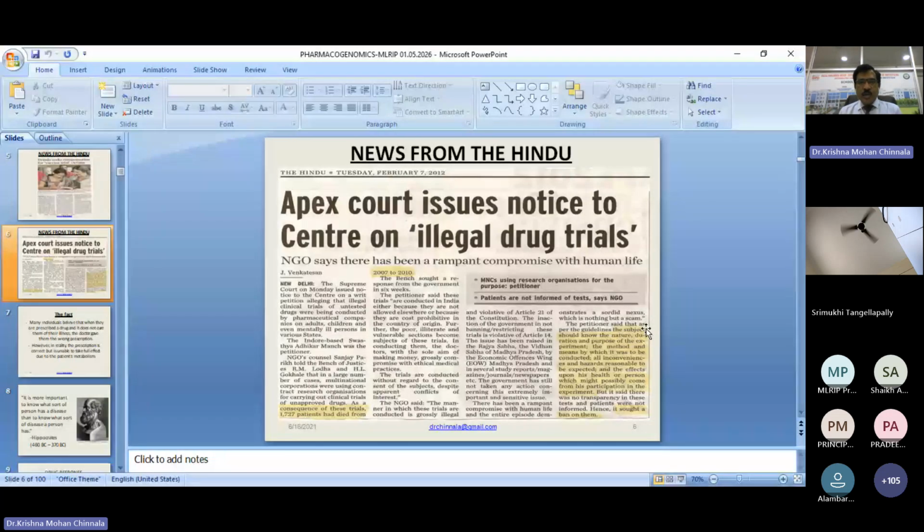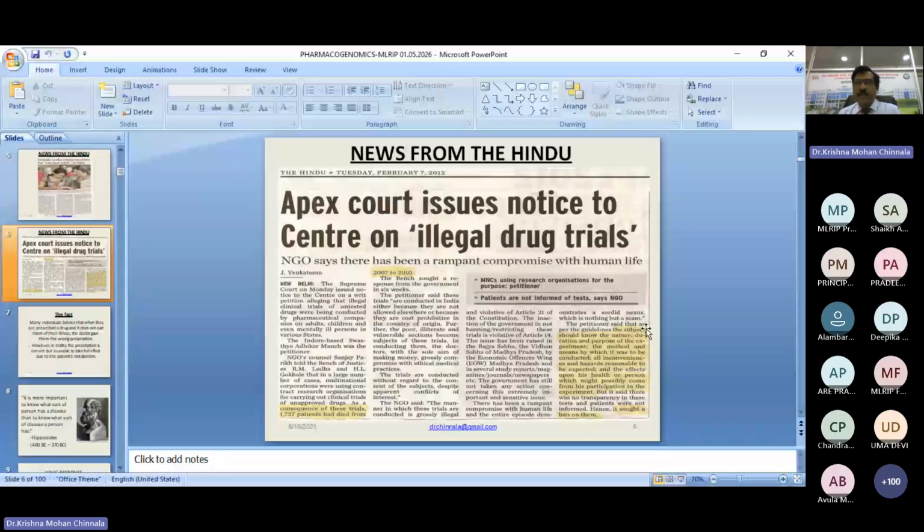So I'll give a few examples which I read in the news. This is long back news, but recently also around 30 BTech students from different colleges participated in a clinical trial.